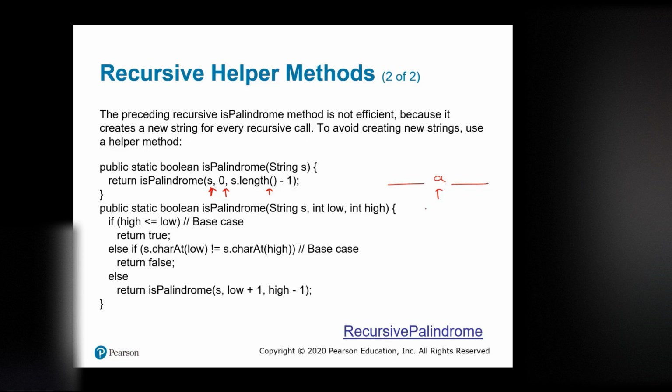Or as long as we have some characters here and here to be checked, we are going to check if whatever the lower index value is same as higher index value, and we are going to keep updating the low and high by increasing one value to the lowest index, which was 0, and decreasing 1 from the length -1, just like in the previous case.